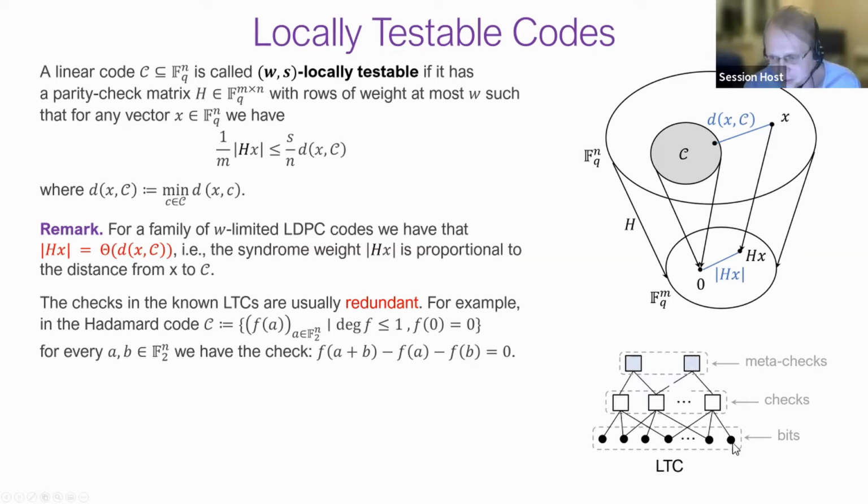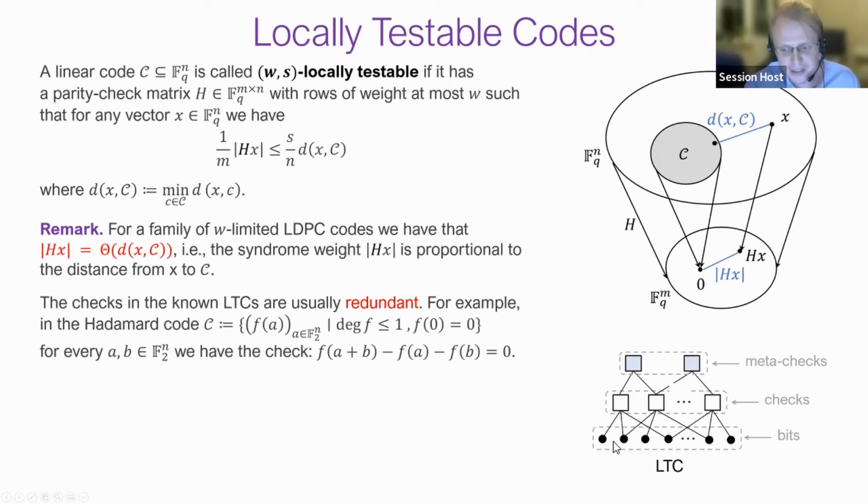The length of the code is 2 to the power of n, and the number of checks is roughly its square. So you have many more checks than bits, and this means that these checks are redundant. And if they are redundant, you can also have checks on checks. So you can have meta checks.